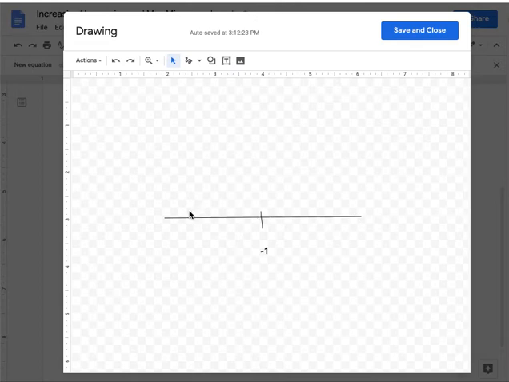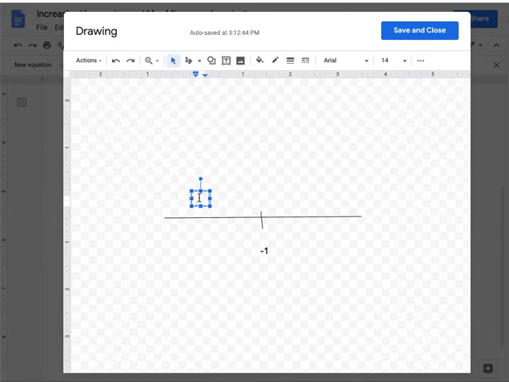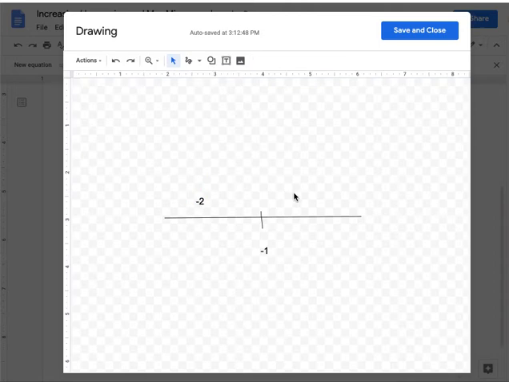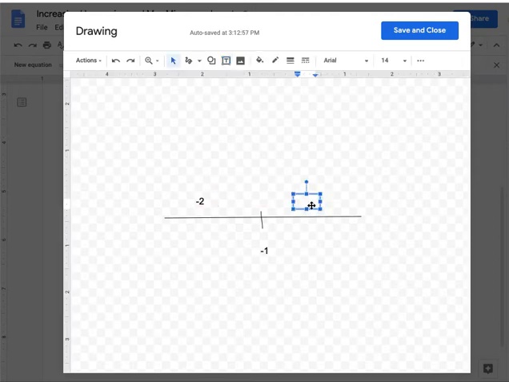The part of the graph that's to the left of -1, the part of the graph that's to the right of -1. So what we want to do next is pick a number to plug in from each interval. So let's pick a number here, -2. And we're going to pick a number here. Remember, it's always easy if you can pick zeros and ones. So I'm just going to pick 0 because that's going to be easy to plug in.